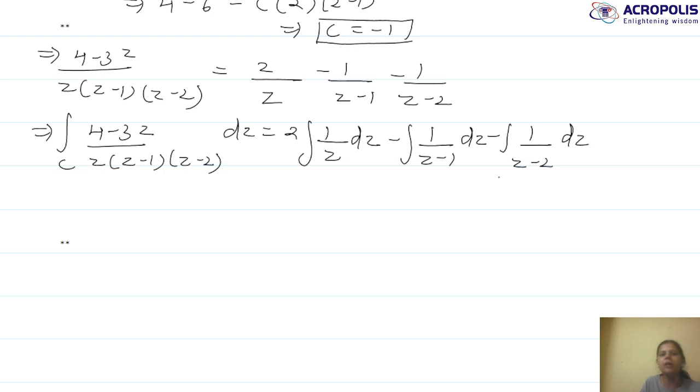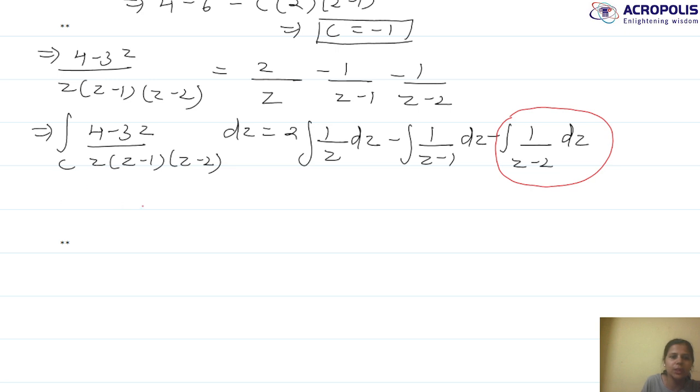But in that we do not need to evaluate that integral, because the point z equals 2 lies outside C, and according to Cauchy's integral theorem, if the point is outside C, then the value of that integral over that curve will be 0.